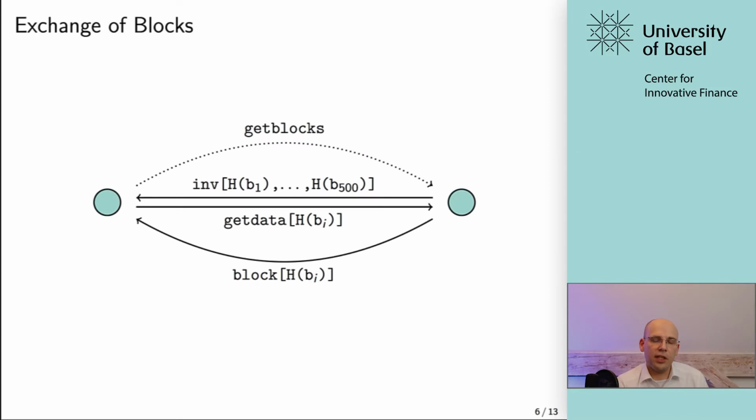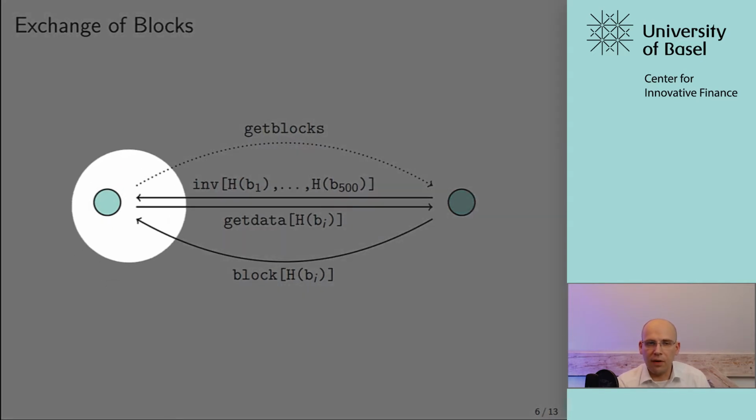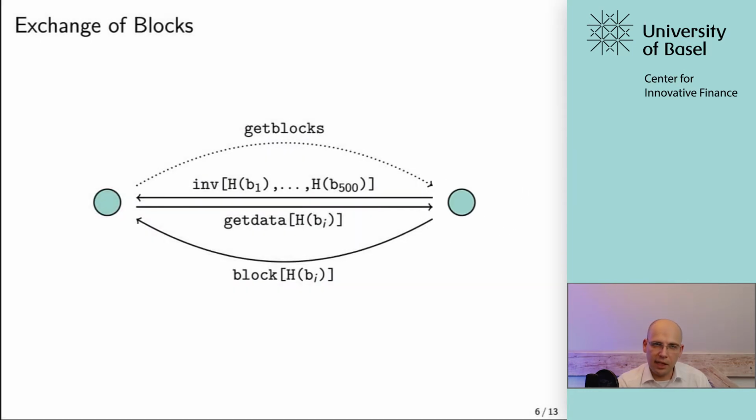Okay? And the way this is done is through various messages. These messages are the form of communication in the network. That's how you exchange information. And the first message you have to be aware of is the get blocks message. The get blocks message basically takes an identifier of a block, a so-called hash value we will look at in the next lecture. For now, just think of it as an identifier. And then you send this get blocks message with this identifier that refers to a specific block, and the other node receives it.